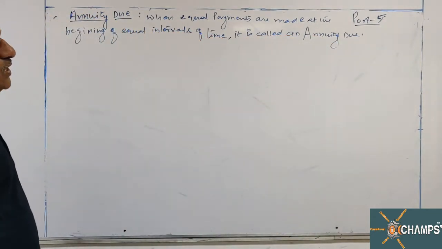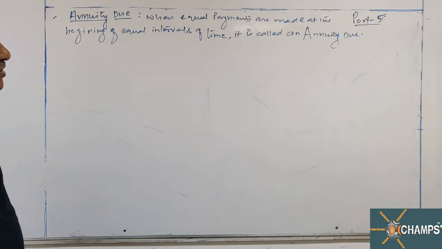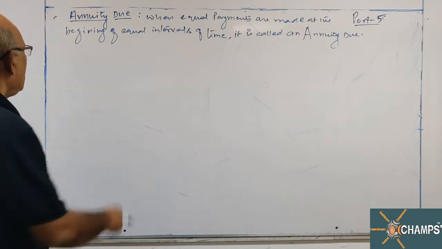When equal payments are made at the beginning of equal intervals of time, it is called an annuity due. Let's see an example.